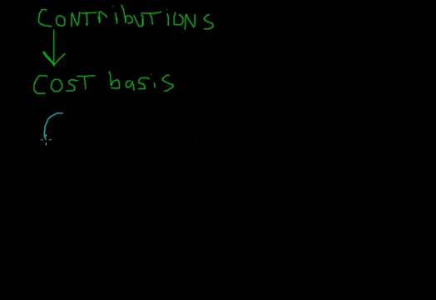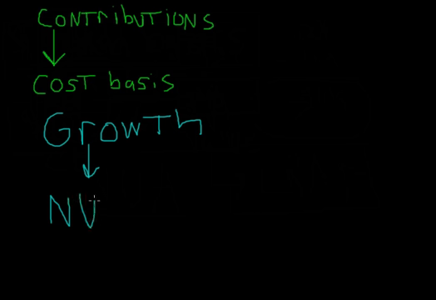Over here, however, growth turns into your net unrealized appreciation. It's going to be this until you realize it, and you realize it when you actually sell that stock and take that profit, when it's in the brokerage account. So your growth becomes that NUA.